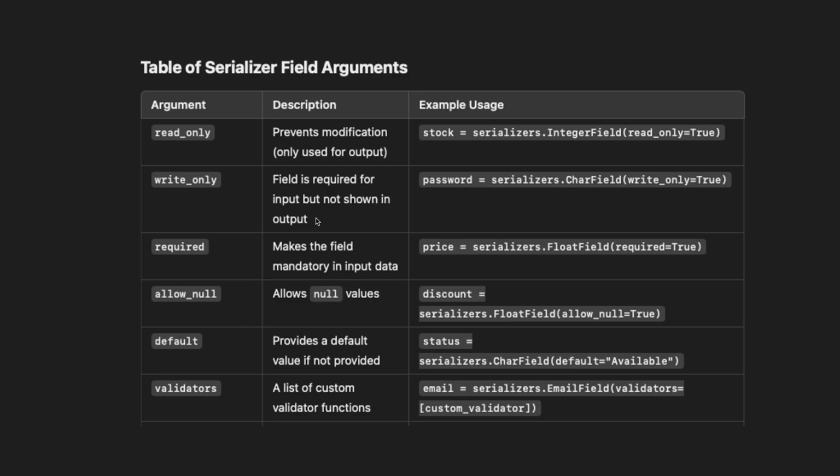And then we got some key options here, write only and read only. So what we are ultimately deciding here is, do we want to allow this serializer to be used for saving data, i.e. the client sends data, data gets saved, or do we simply want to utilize this serializer to show data to the client?